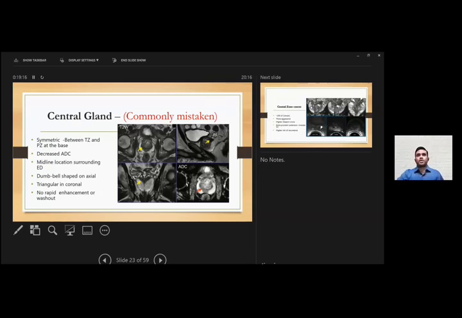Another important lesion that they have now asked us to diagnose is the central gland tumor.